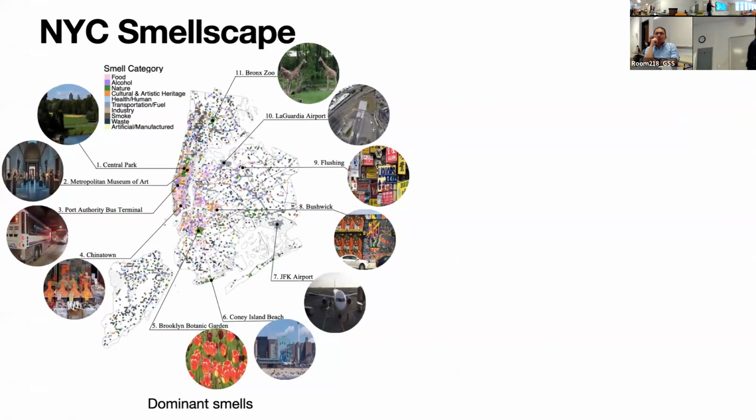So the idea is we get this smell map of New York City. So you sort of think nature is the green. The green is happening in Central Park and Brooklyn Botanical Gardens and things like that. You'll have food smells in Flushing, known for its food, for example. You have waste or smoke smells around Port Authority and places like that.